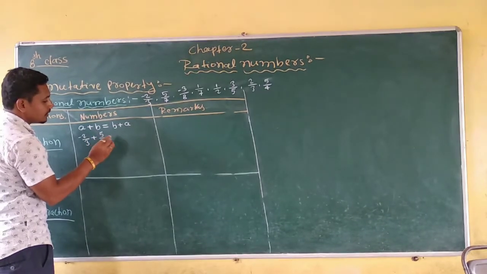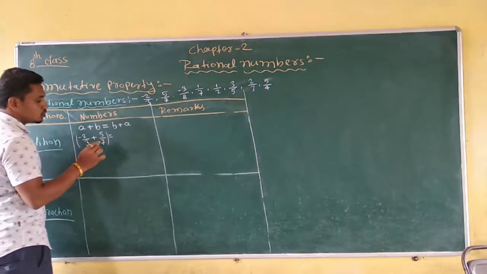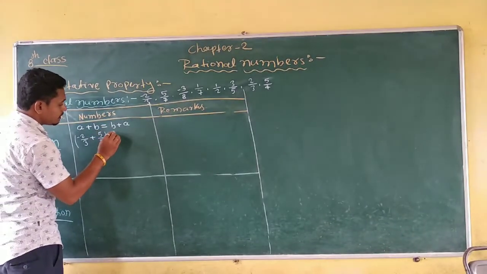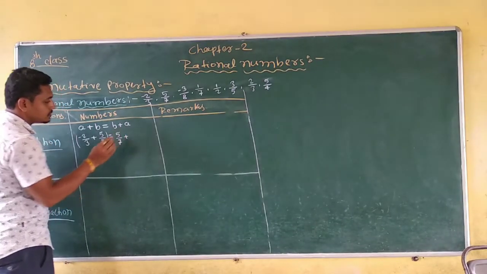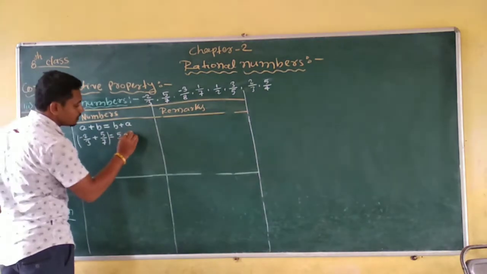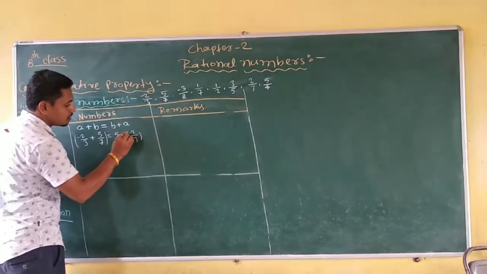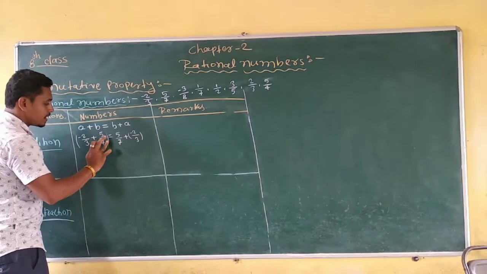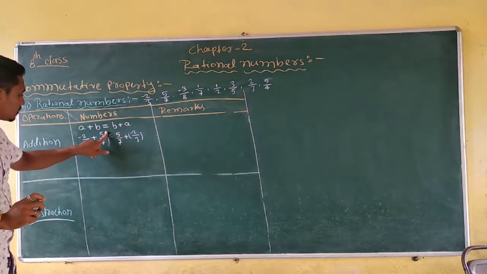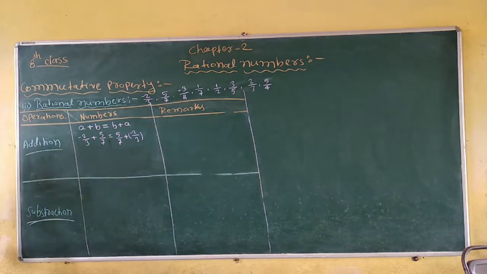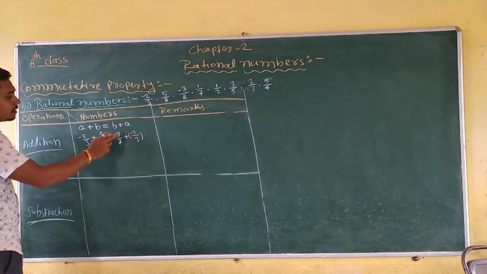Then b plus a is 5 by 7 plus minus 2 by 3. So here a plus b is equal to b plus a.